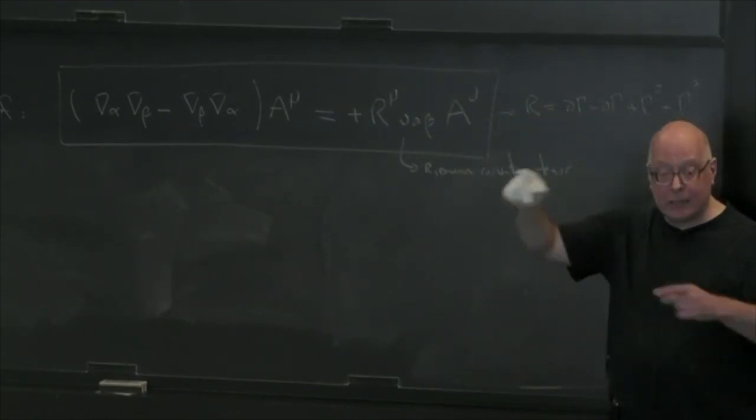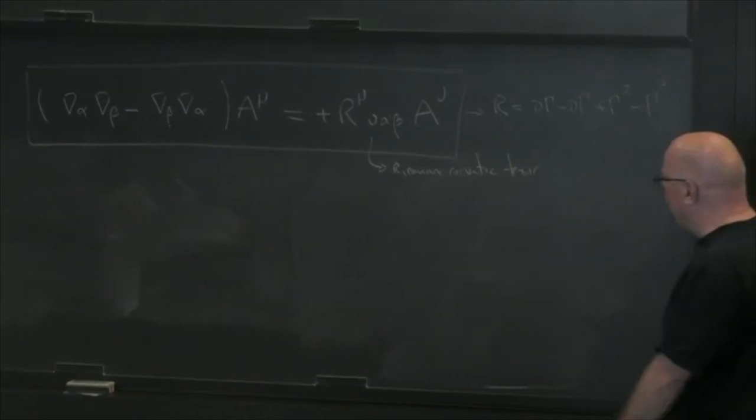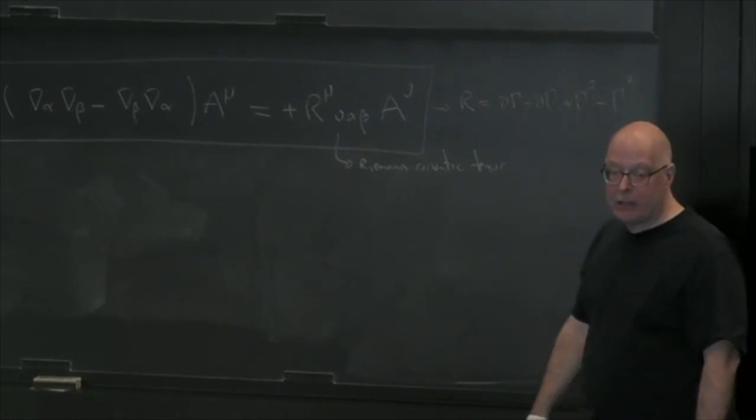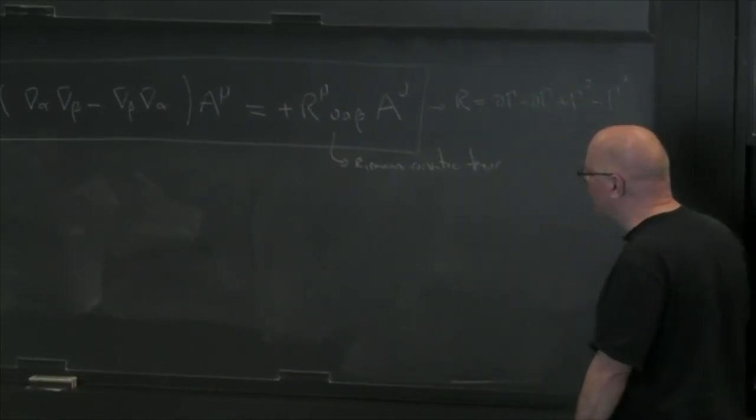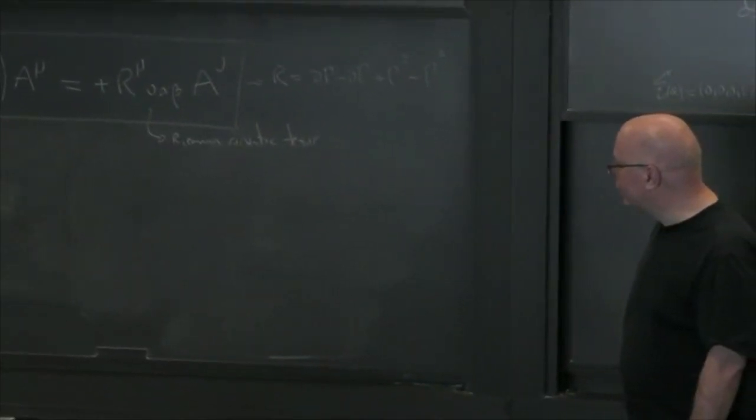And then there's a cyclic symmetry. So there's all sorts of symmetries that are present for the Riemann tensor that are useful to know because they can be very helpful in a computation. Anyway, I'm assuming that you've seen all of this before, and there's more details about this spelled out in the book, but I'm going to be happy with this definition for this discussion.